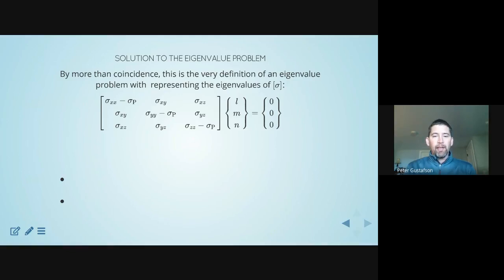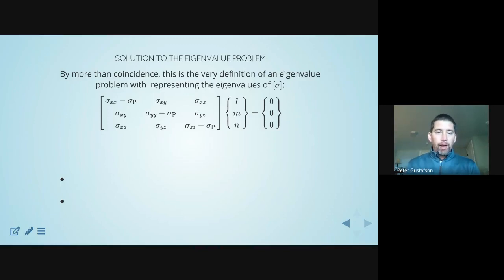This is how we set them up when you were studying how to solve eigenvalue problems. Sigma xx now is the component minus sigma p, and then of course the other terms. The normal terms are all subtracting sigma p. The shear terms are left alone. We now have this unknown normal vector L, M, and N, which is going to multiply that, and then the end result is 0, 0, 0 on the right-hand side.